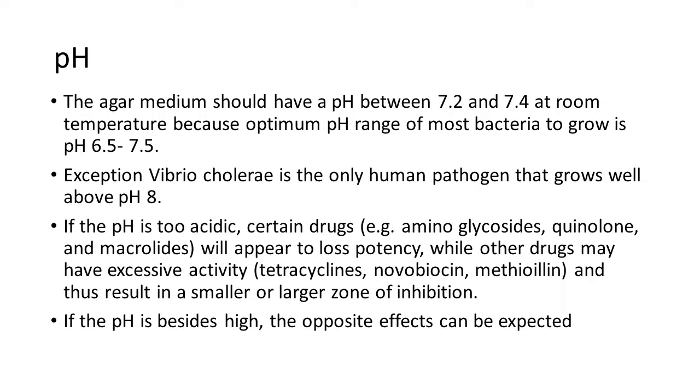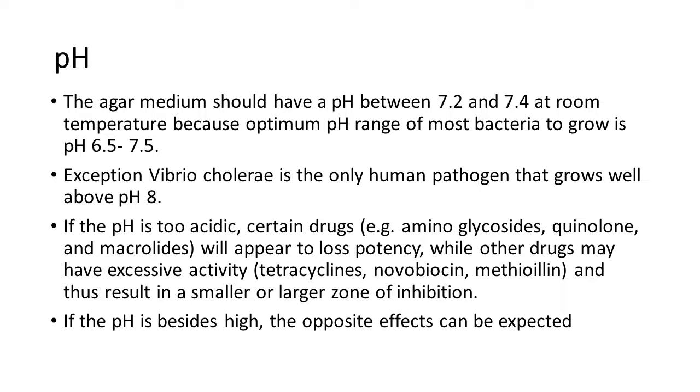If the pH is too low, that means acidic, certain drugs, for example aminoglycosides, will appear to lose potency. That means in acidic conditions some drugs lose their strength, so we cannot expect the zone of inhibition.